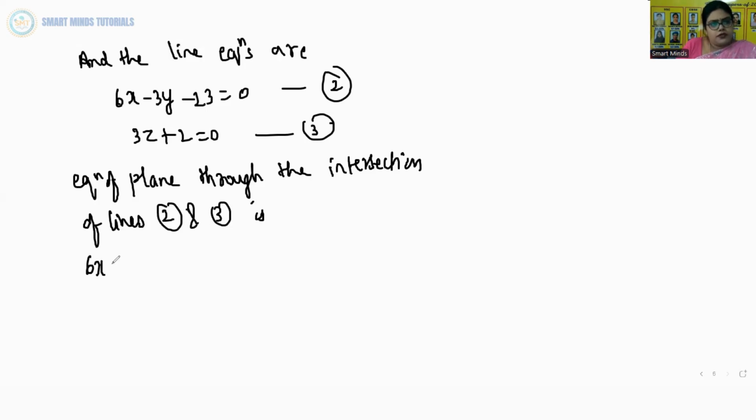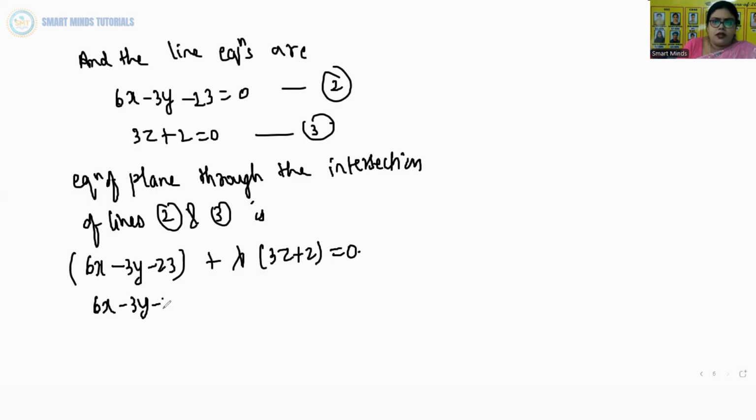So we write the first line plus lambda into the second line. If you open the brackets, you get 6x minus 3y minus 23 plus 3 lambda z plus 2 lambda equals 0.